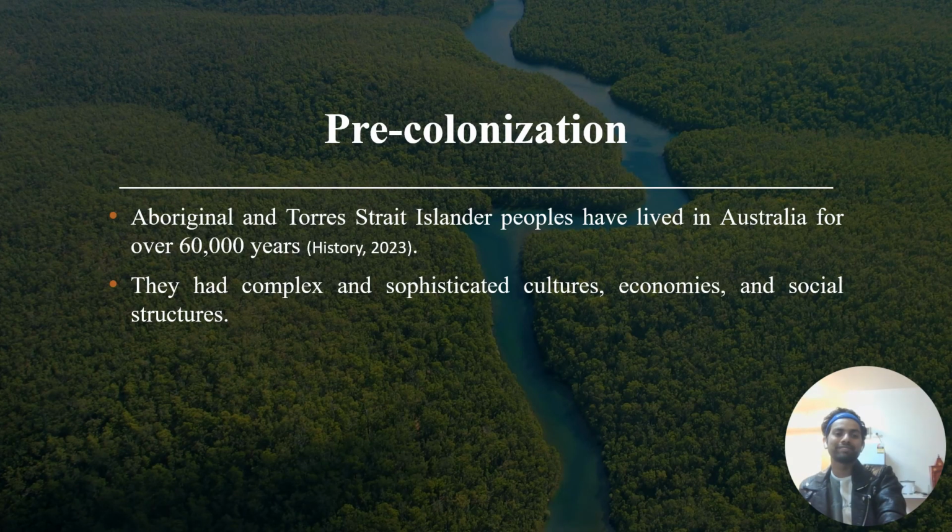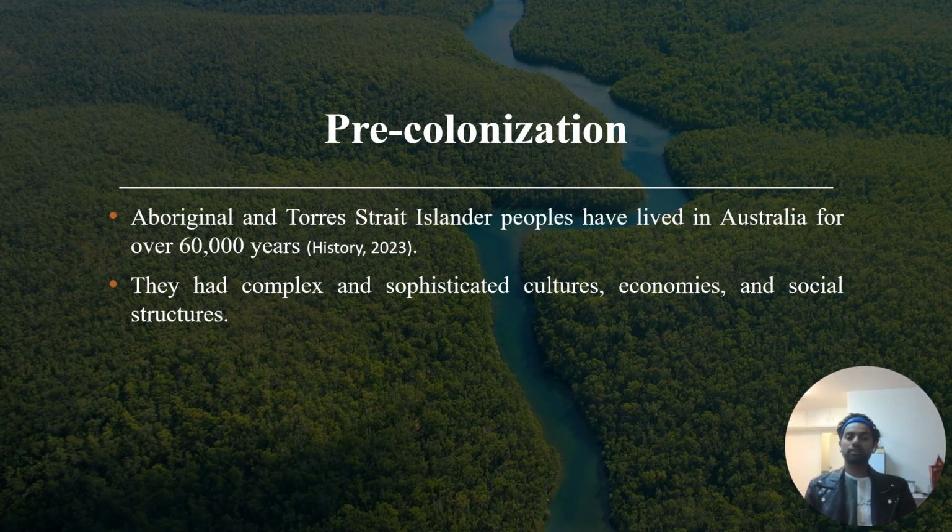And the next slide, pre-colonization. I have given some detail on how long the Aboriginal and Torres Strait Islander peoples have been living in Australia. That is 60,000 years, and they had complex and sophisticated cultures, economies, and social structures.